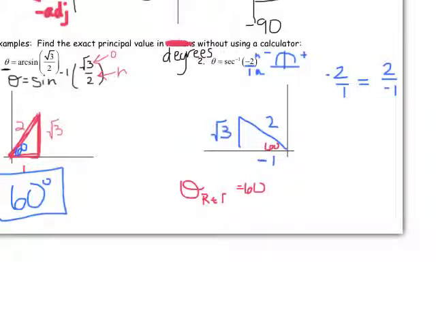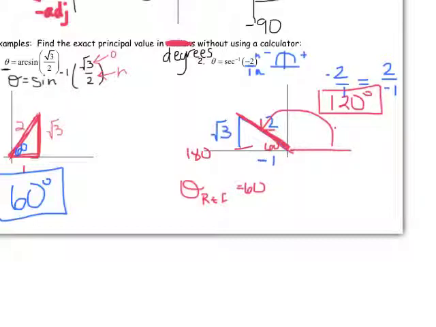The answer is how do you get to 60 degrees? So this is the final answer that you're looking for. If this angle right here is 60, then how you get there must be 180 minus 60, which is 120 degrees.